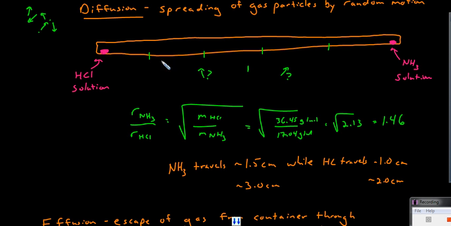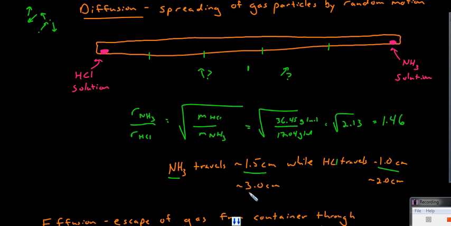Well, we know that this rate of one particle versus another can be used to describe the speed of particles, but also diffusion and effusion. You can find that the rate of ammonia versus hydrochloric acid in just spreading out is equal to the square root of the molar mass of hydrochloric acid over the molar mass of ammonia, the square root of 2.13, or 1.46. You see that ammonia travels about 1.5 centimeters, while hydrochloric acid travels about 1 centimeter.